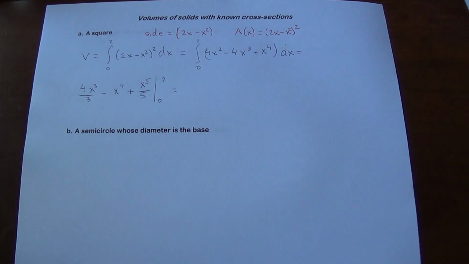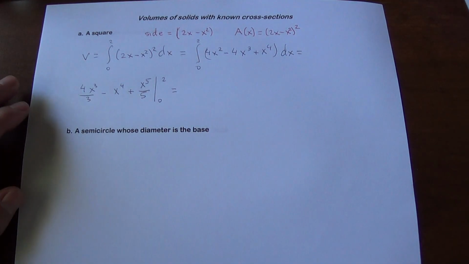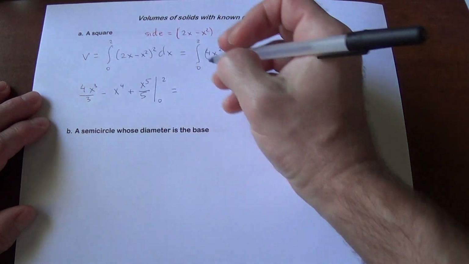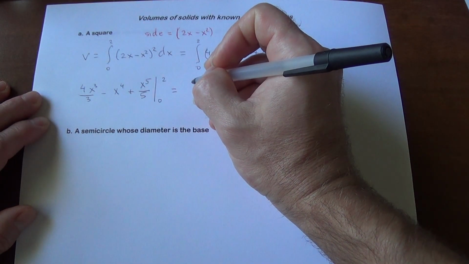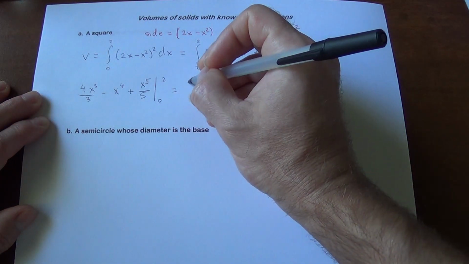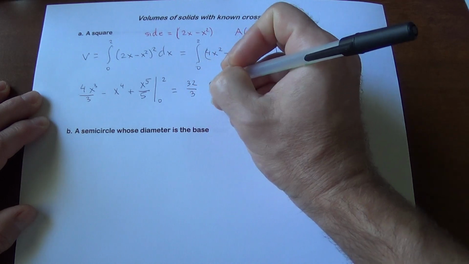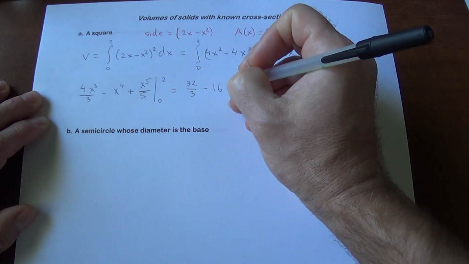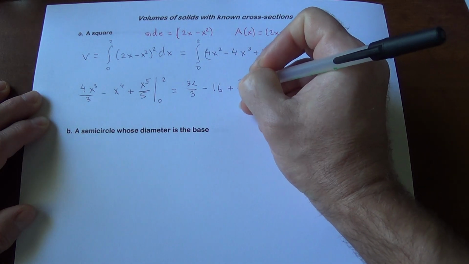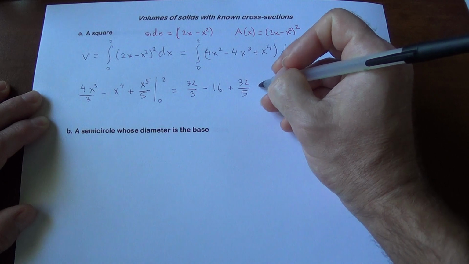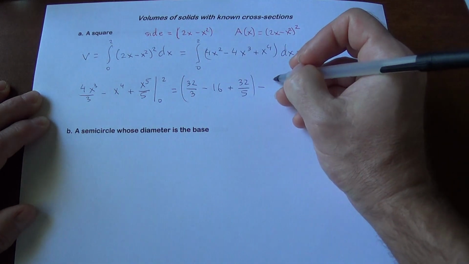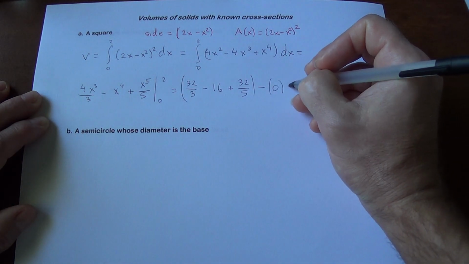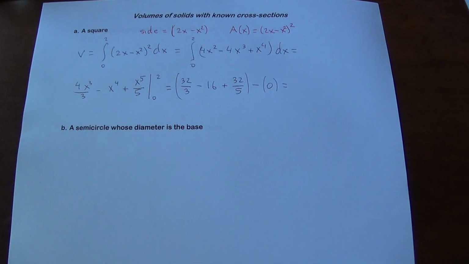Now we substitute the values. So first we substitute 2, that's going to give us 4 times 8, 32 over 3, minus 16, plus 32 over 5, minus, I always like to remind students that it is going to be minus 0. Okay, and now it's just a matter of calculating that.